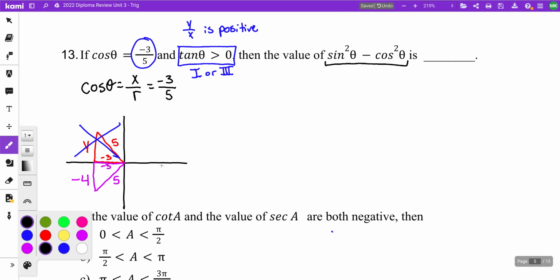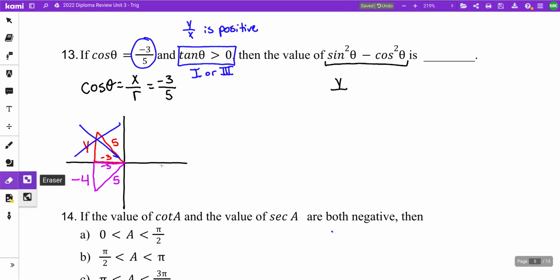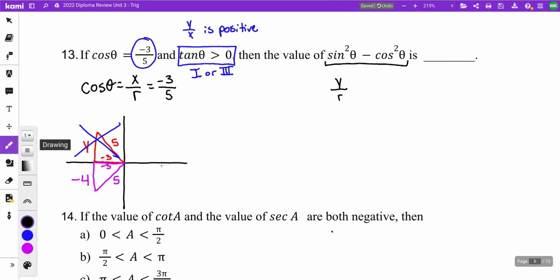Well, sine is y over r. They want that squared, minus cos, which is x over r, squared.